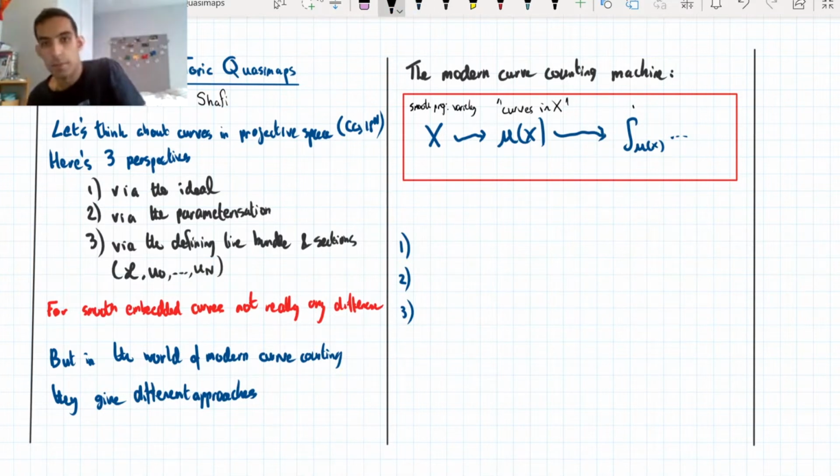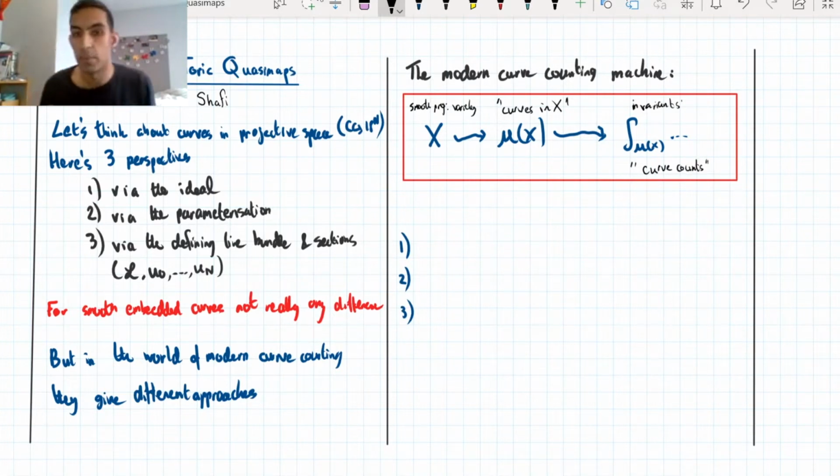These are called invariants, and roughly they should be thought of as counting curves in X satisfying some conditions. But in any case, this is the modern curve counting way.